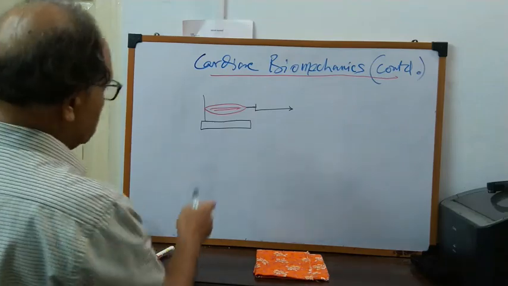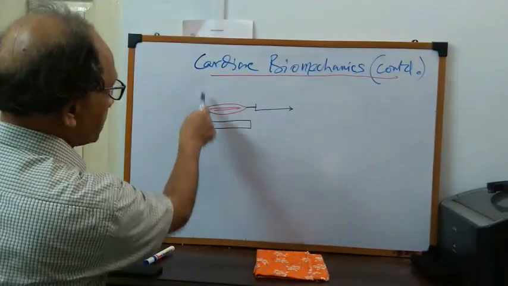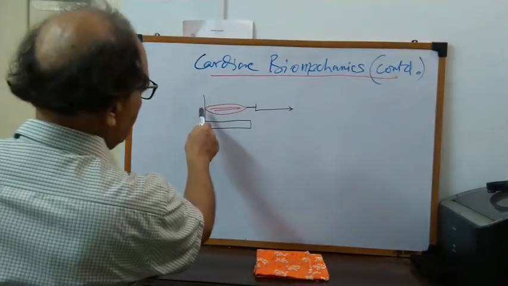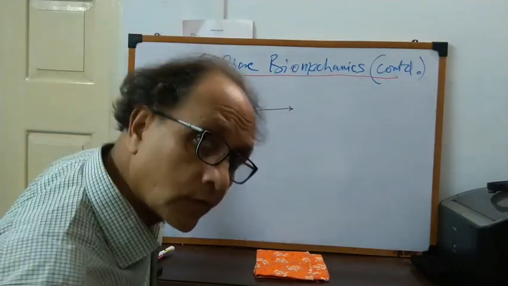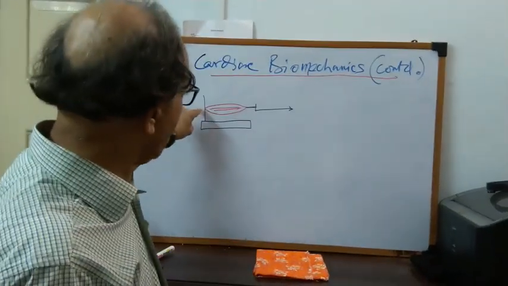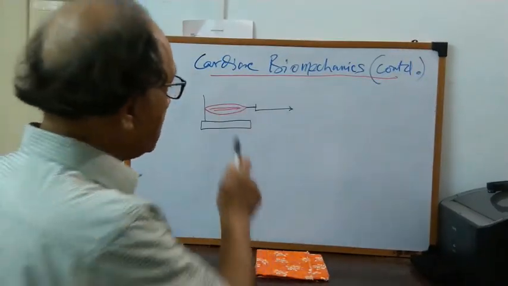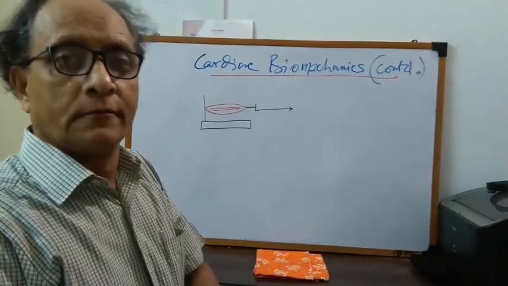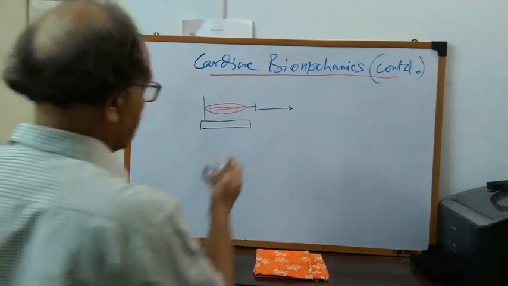This is a muscle strip, and this is a fixed stand on which the origin end of the muscle is fixed, and the insertion end of the muscle is kept free.